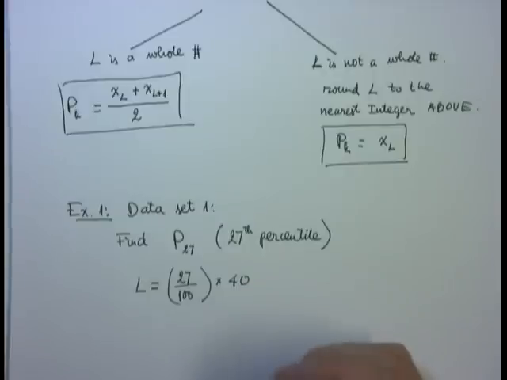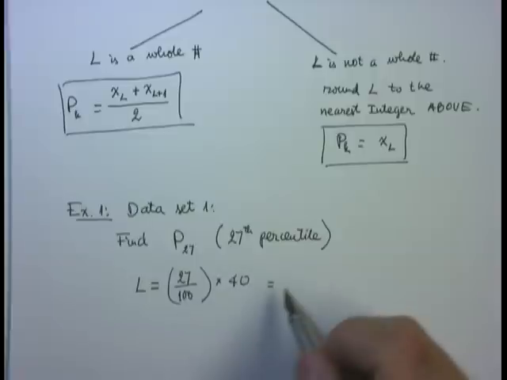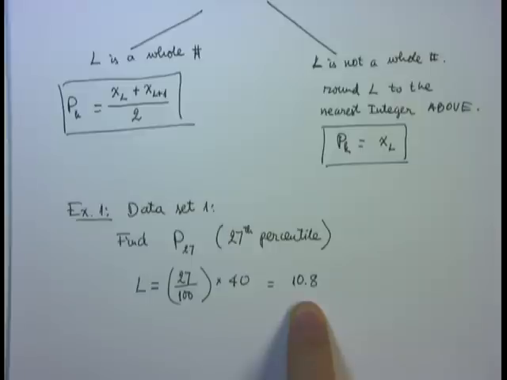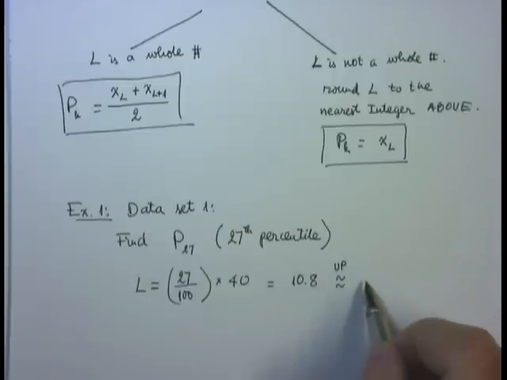As I multiply, my locator turns out to be 10.8. This locator is not a whole number, so I always round up to the nearest integer above, which brings me to L equals 11.